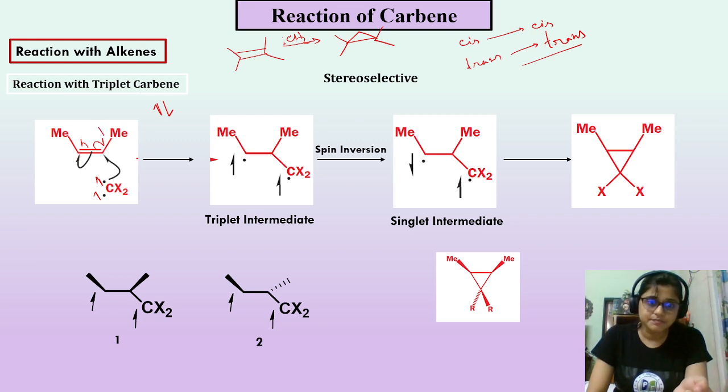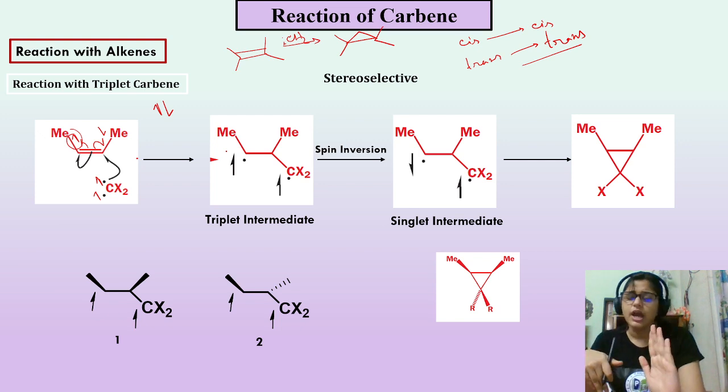Here it is down spin and here it is up spin, so that will form a bond, but one up spin is left on the carbene carbon and one up spin is left on the other carbon. These two do not form a bond because both are up spin; one has to be down spin so that they can couple.